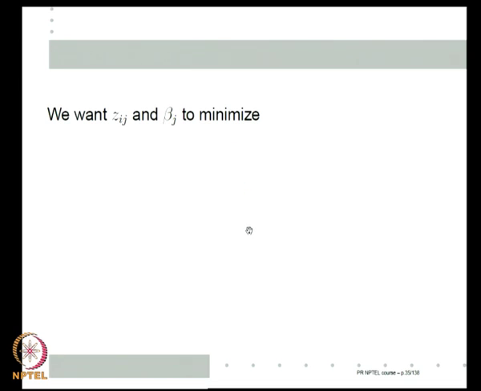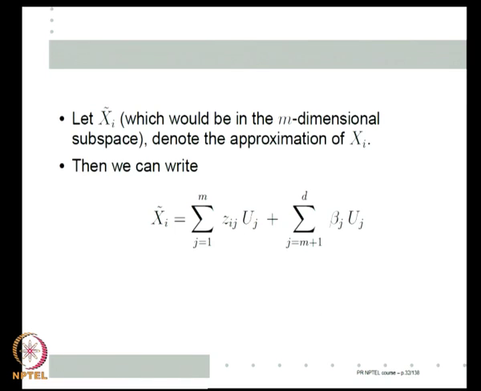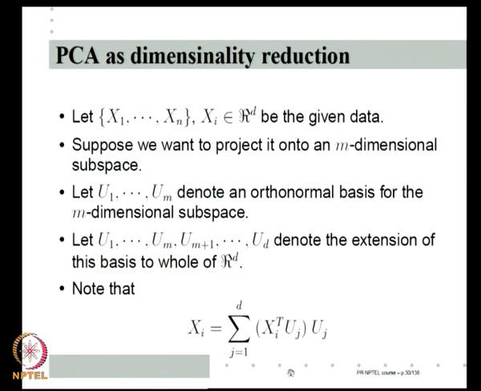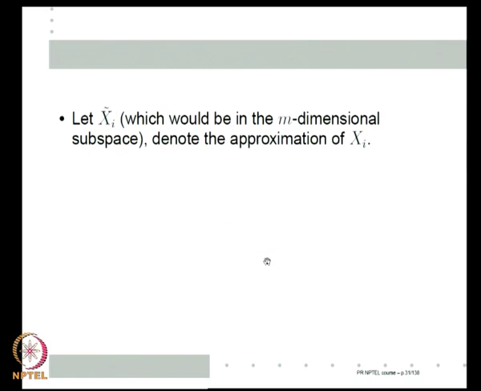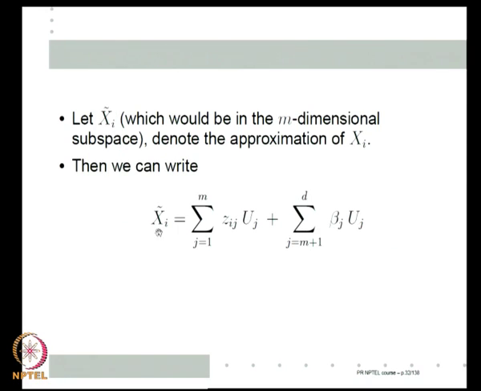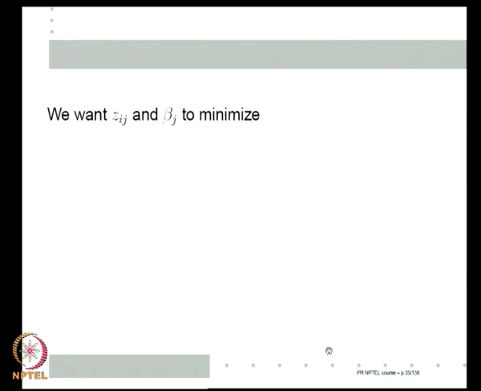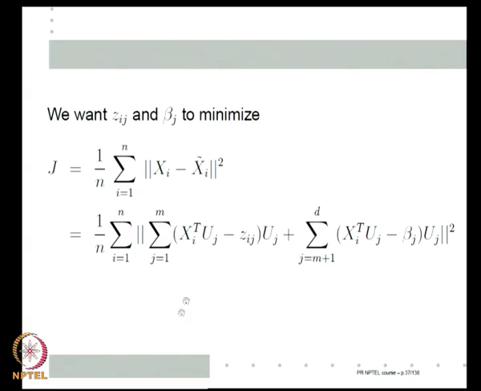Now, we know that xi is given by xi transpose uj, whereas xi tilde is given by, up to m, some zij uj, and from m plus 1 it is beta j. So, if I want xi minus xi tilde, up to m, xi has xi transpose uj as the coefficient and xi tilde has zij as the coefficient.